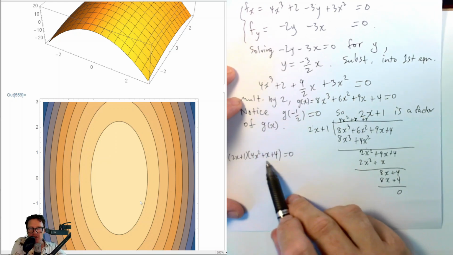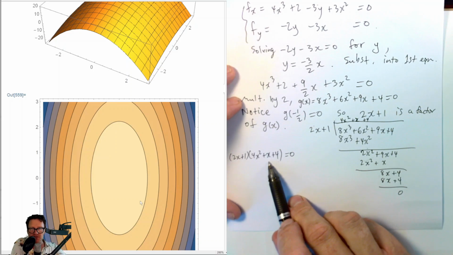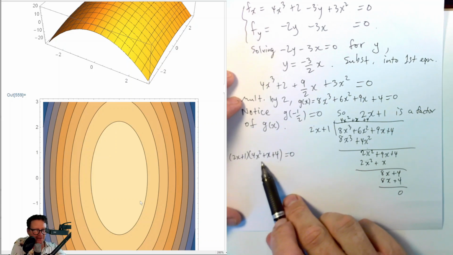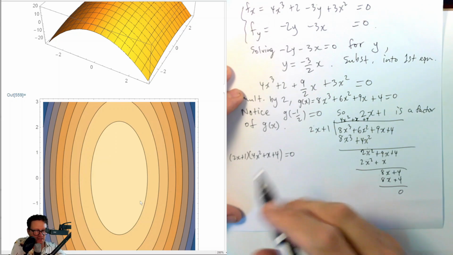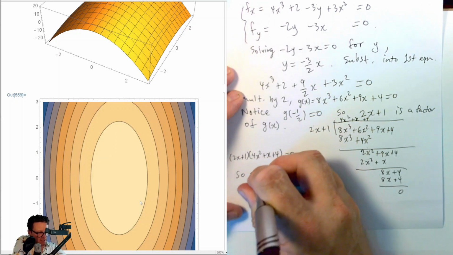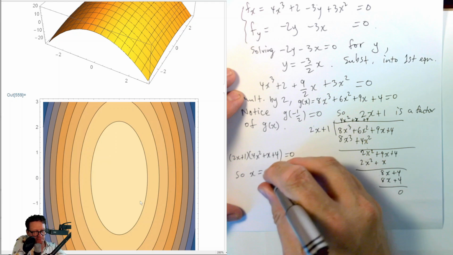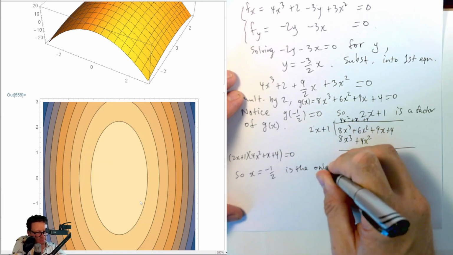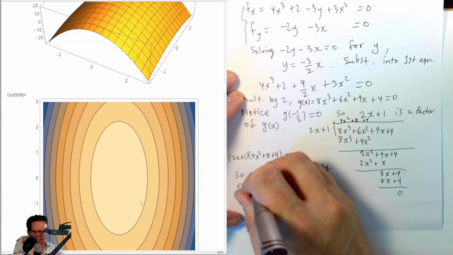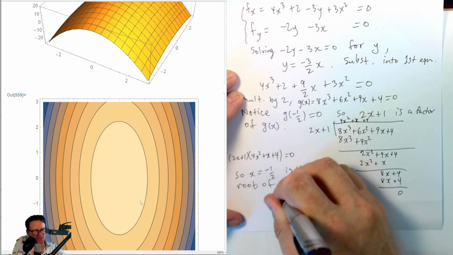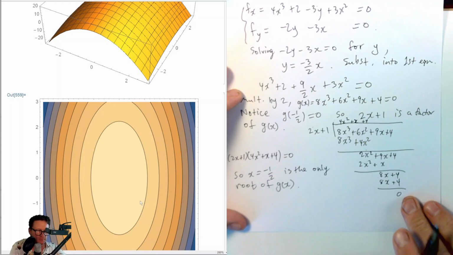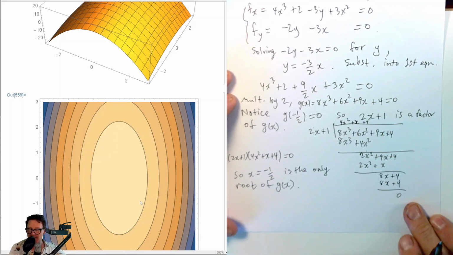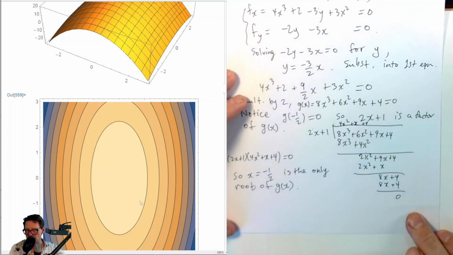Now this quadratic polynomial here is irreducible over the real numbers, so it doesn't factor any more over the real numbers. So x equals minus 1/2 is the only root of that function g of x. All right, so given that, that gives us a unique critical point.